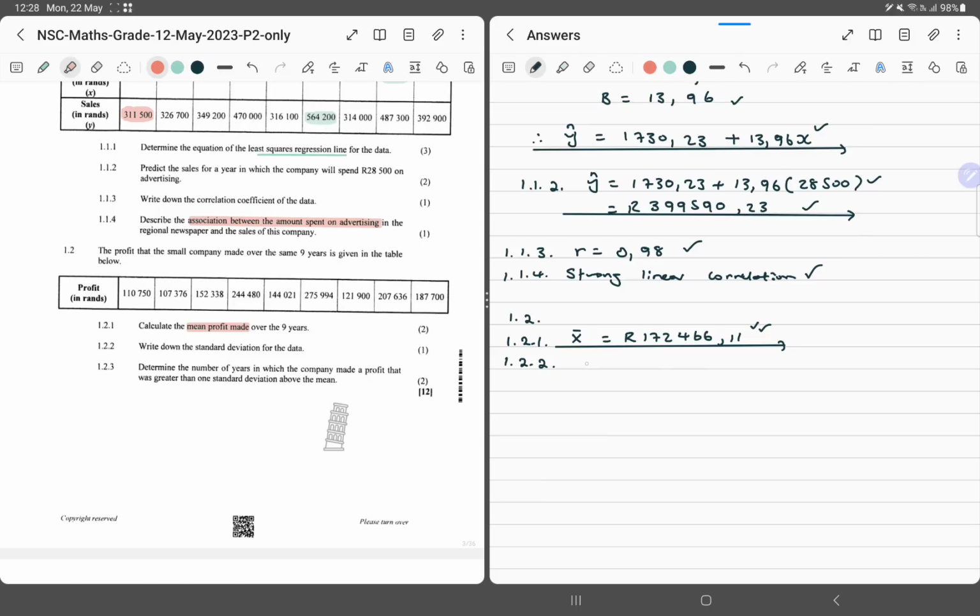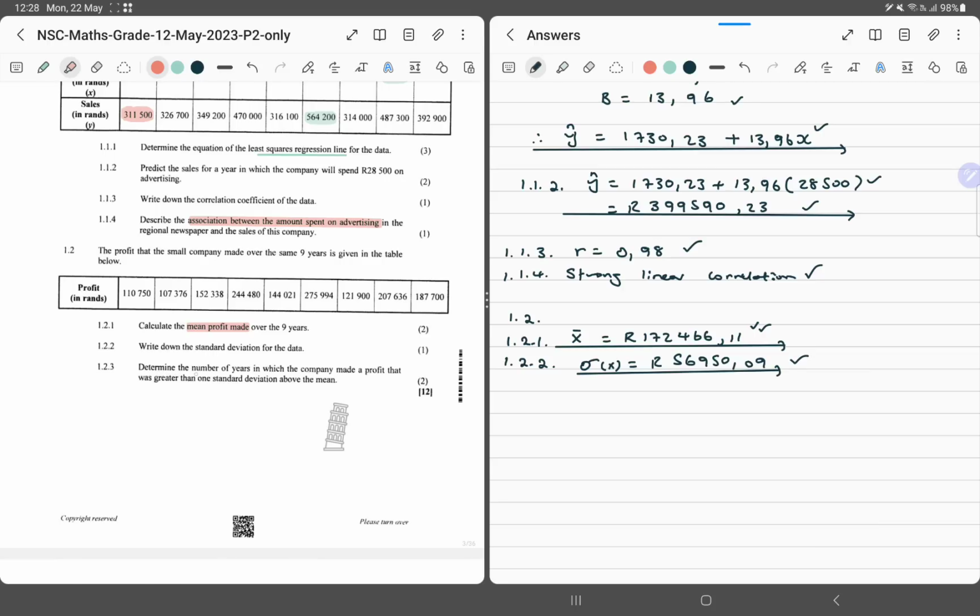So the standard deviation, sometimes you can write it that way, in terms of our x, is going to be 56,950.09 cents. Okay, so that is our standard deviation. So easy.